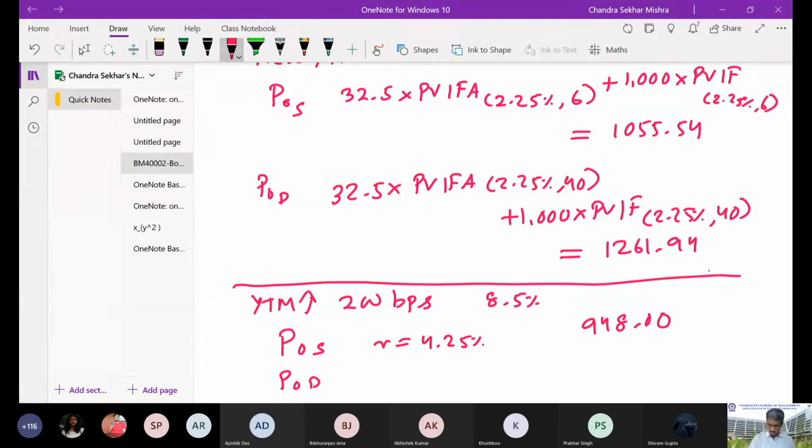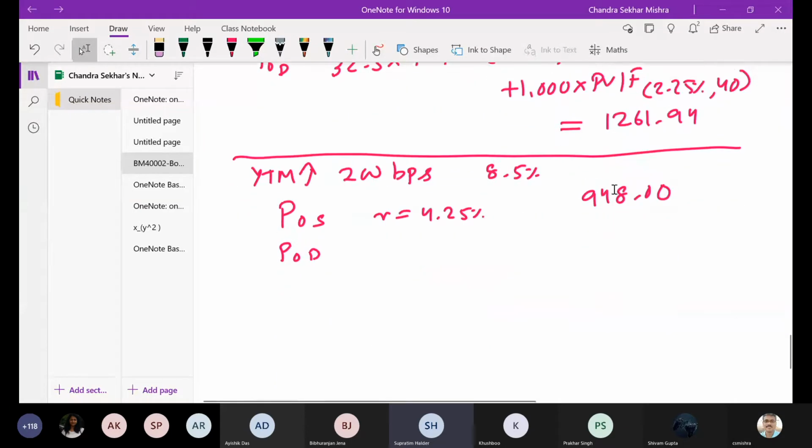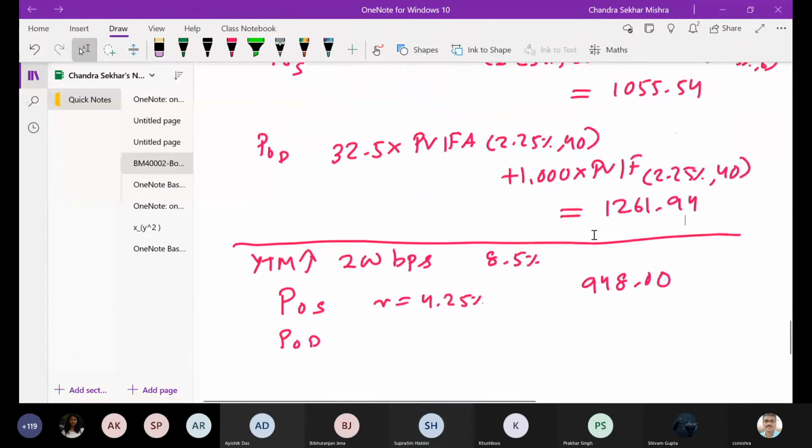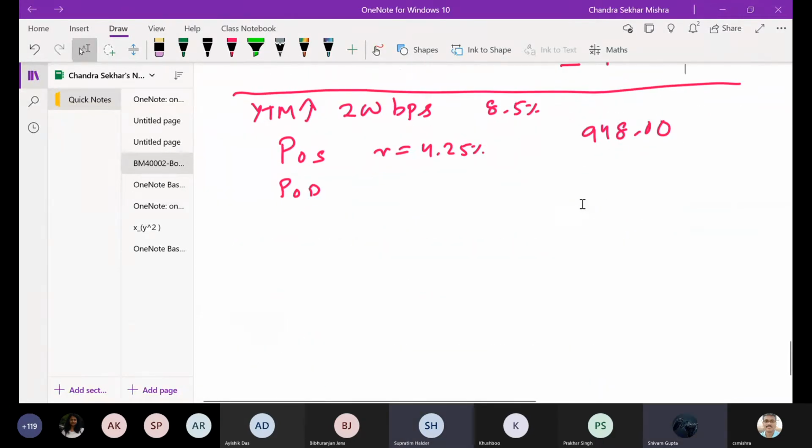Last one is how much? $809.23. 809.23. Very good.